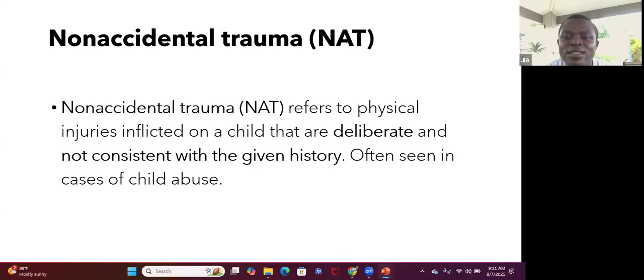And it's often seen in cases of child abuse, like I said before. So when you see this NAT, it's mostly referring to cases of child abuse.